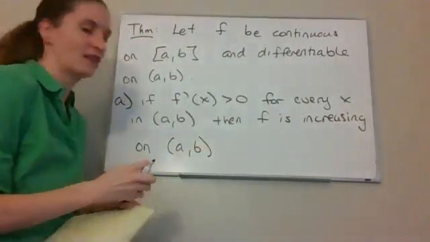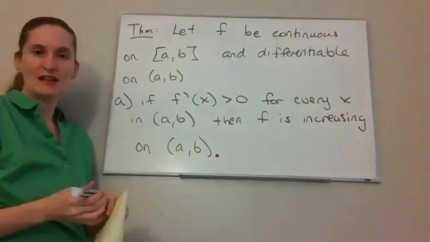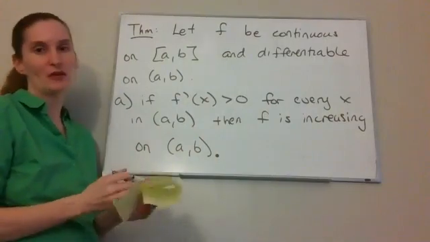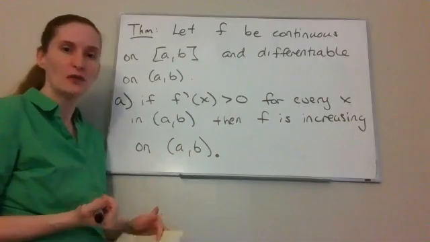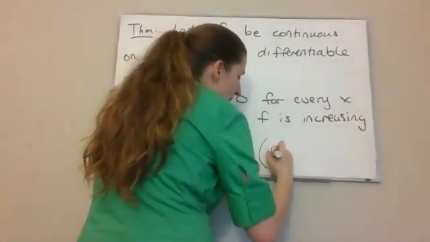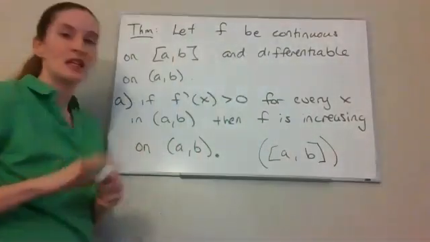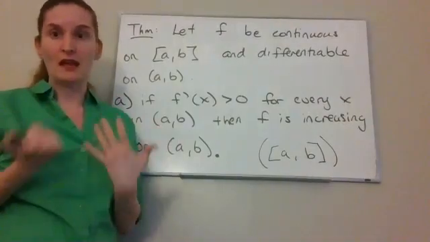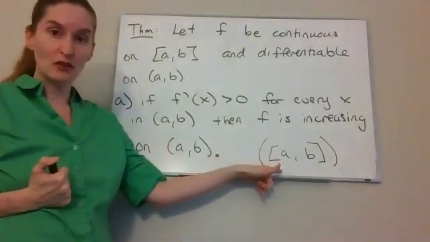And I do want to say a little warning here. A lot of textbooks will say that this is increasing on the open interval (a, b), but there are some textbooks out there that call it a closed interval [a, b]. In particular, the book that we're using in our class, if you're a current student of mine, they like to use these closed intervals.